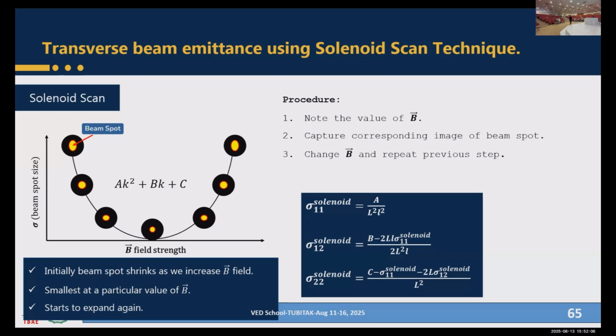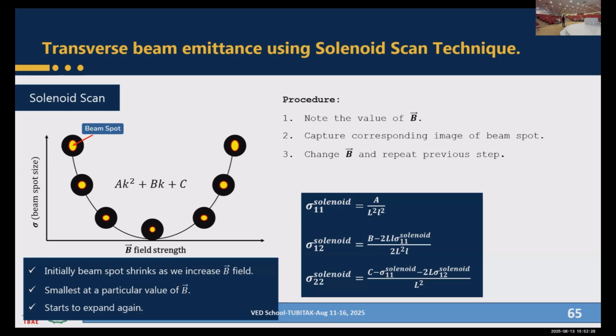So this technique is used to evaluate the emittance of the gun, because we knew from our yesterday's lecture that emittance is basically the shadow of the emittance ellipse, the footprint of your beam.